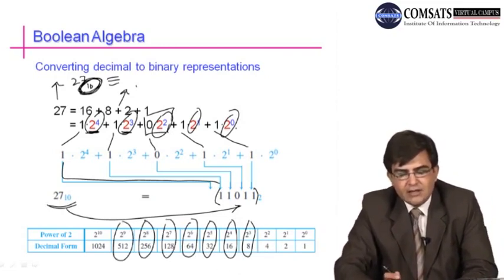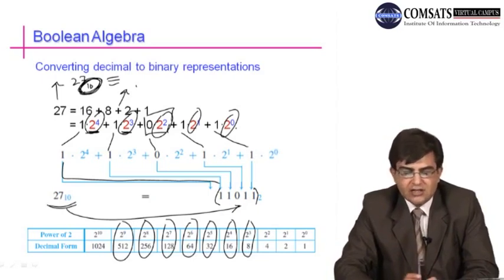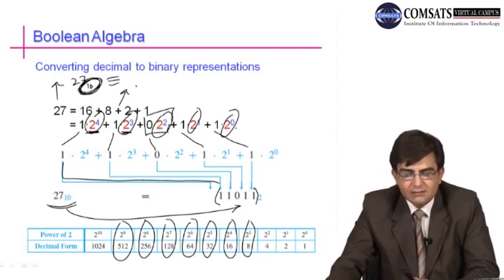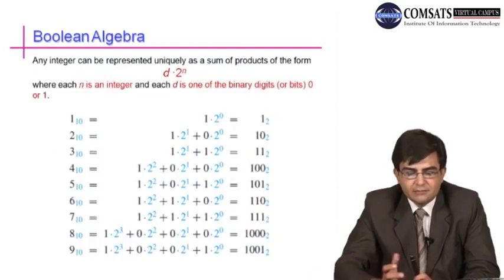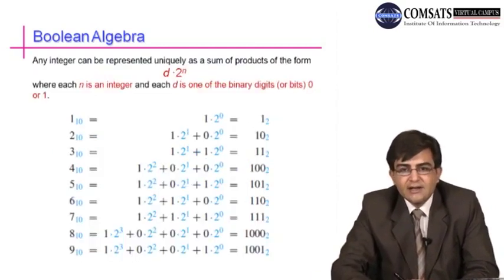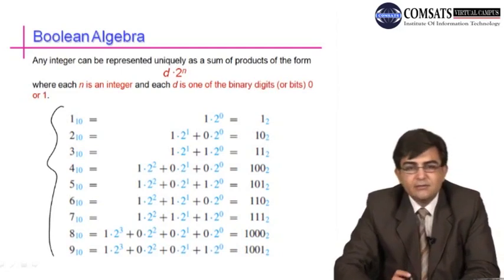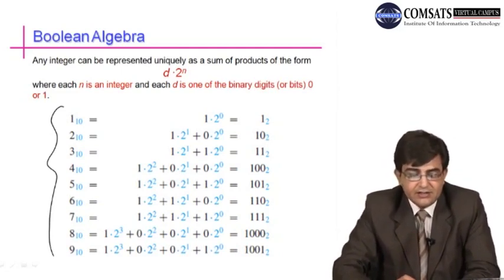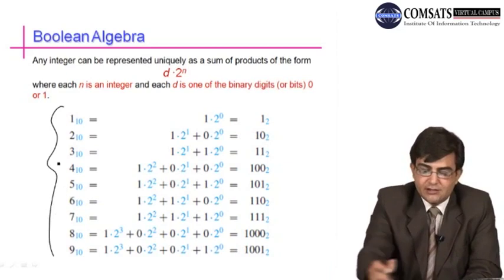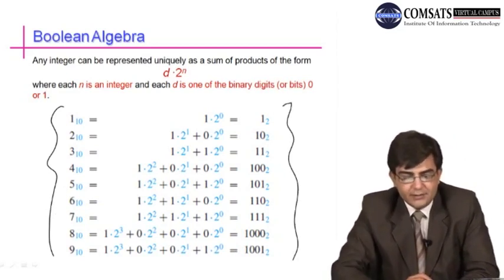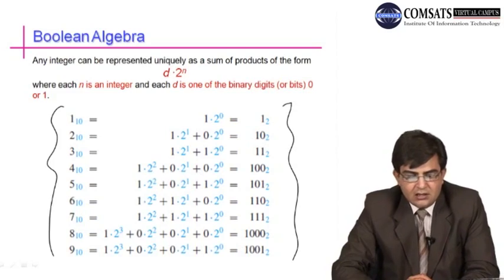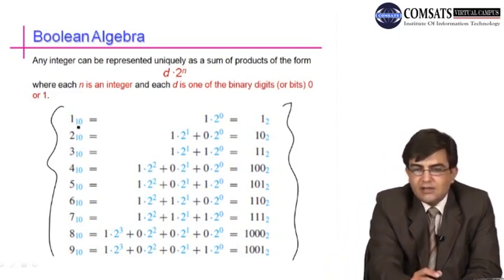So we can convert any decimal number into a binary representation, and similarly we can convert any binary number into a decimal representation. Here is the conversion of the first 9 decimal numbers into binary representation. 1 base 10 means the decimal representation of 1 is 1.